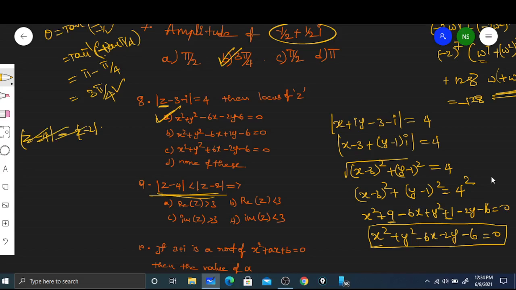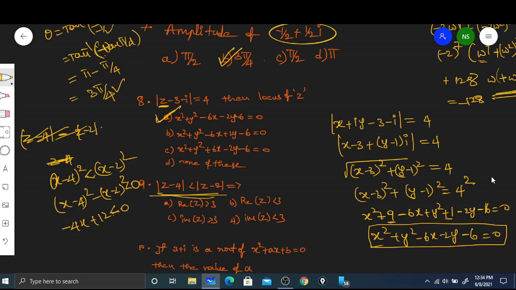Or else do one thing: in the place of z, if we take x, then x minus 4 whole square minus x minus 2 whole square is less than 0. From this we get minus 4x plus 12, which is less than 0.